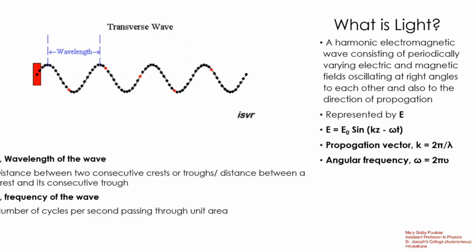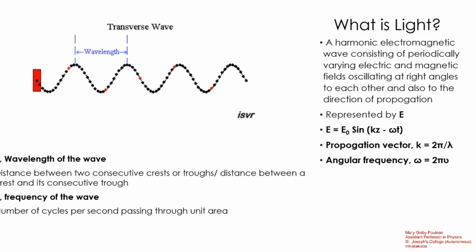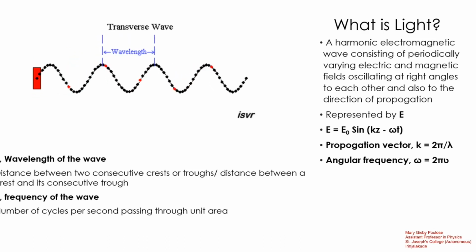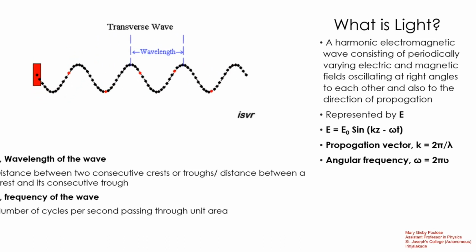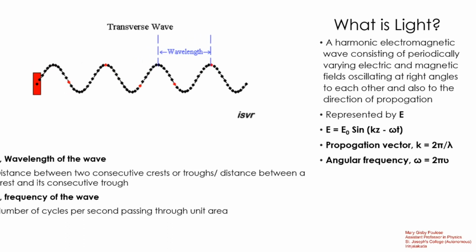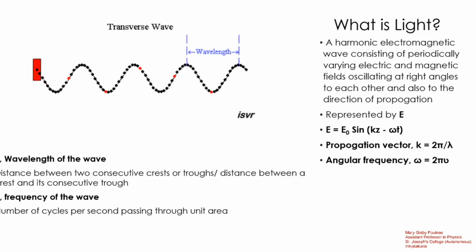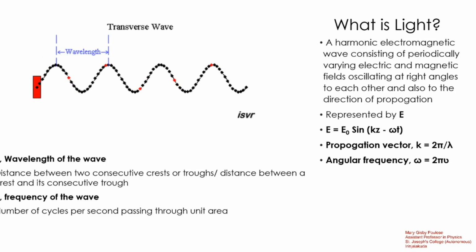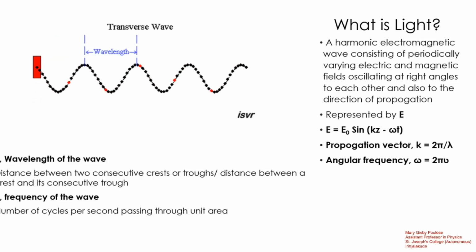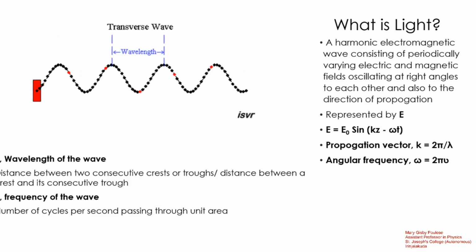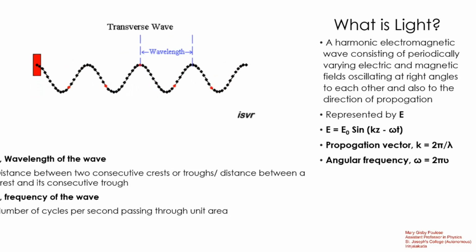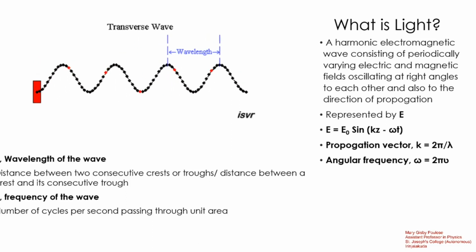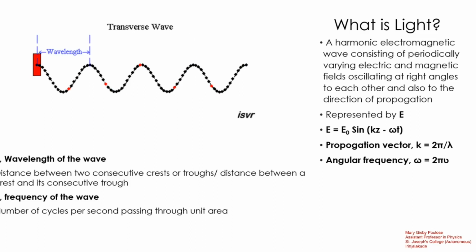Now, the distance between two consecutive crests or two consecutive troughs is called the wavelength of the wave. Or in other terms, we can define wavelength as the distance between a consecutive crest and trough. That is also the wavelength of the wave.